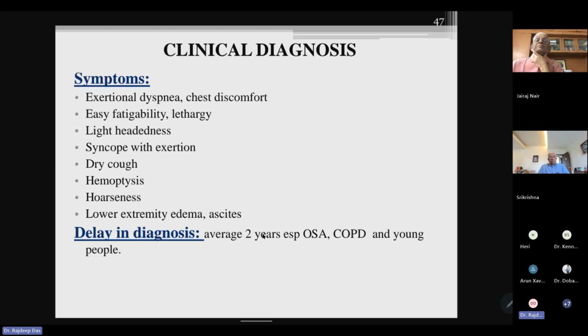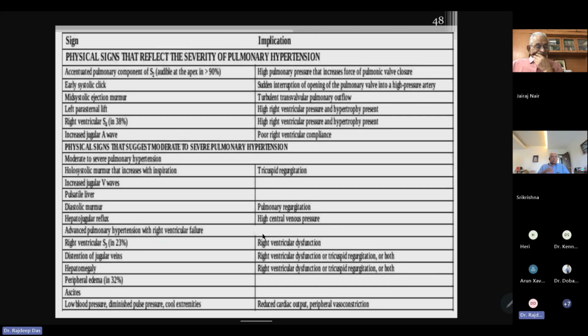Among the signs of this spectrum of disease, those which reflect the severity of the pulmonary hypertension may be a loud S2, and an early systolic click heard due to the sudden interruption of the opening of the pulmonary valve into a high pressure artery. A mid-systolic ejection murmur can be heard due to turbulent transvalvular pulmonary outflow.